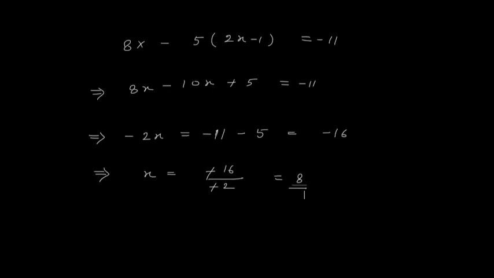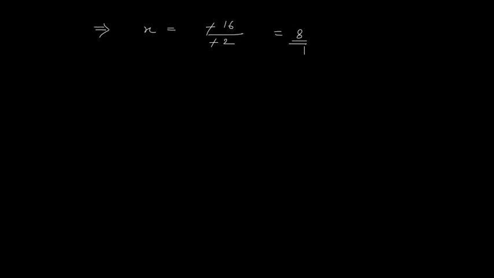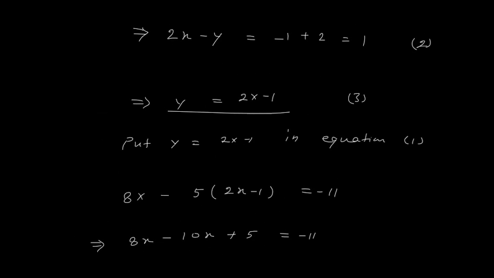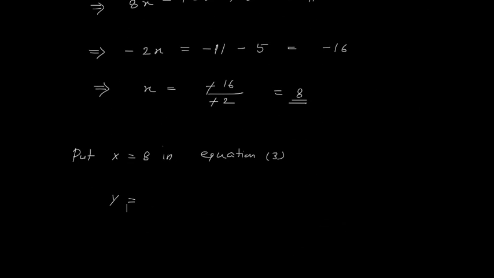So from equation 3, I will say that put x equals 8 in equation 3. So I get y equal to 2x minus 1. So y equal to 2 into the value of x, which is 8, minus 1.